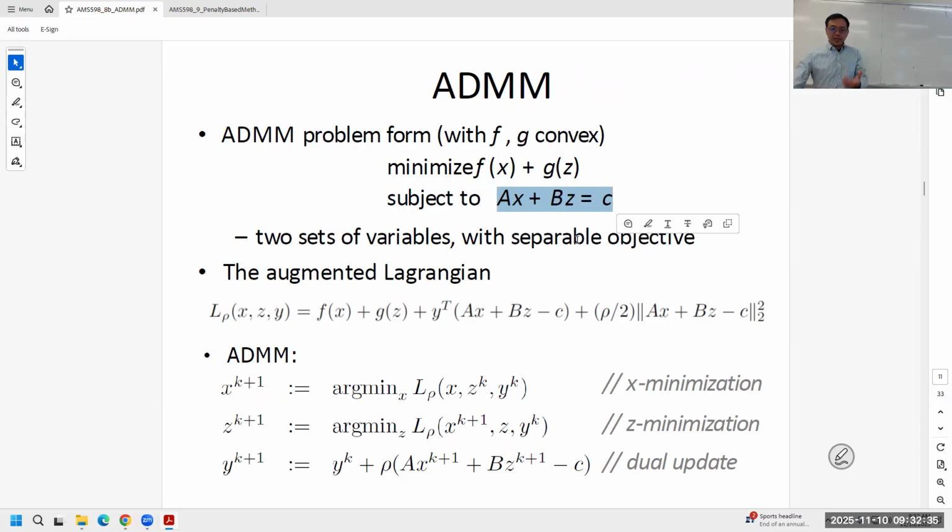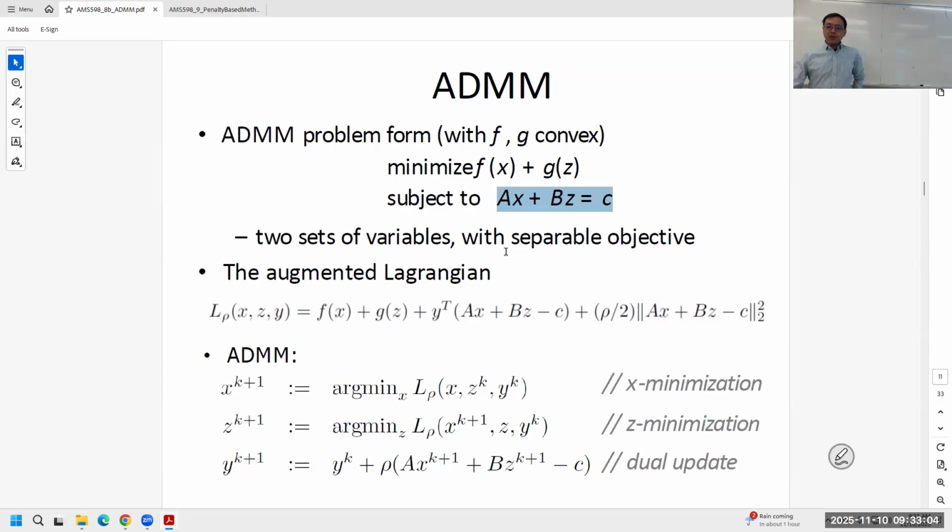This is basically the ADMM result, saying the dual ascent method still works by iteratively updating x, which is one set of parameters, z, which is another set of parameters, and y, which is the Lagrange multiplier. By iteratively updating x, z, y, you can still converge and reach the optimum point.